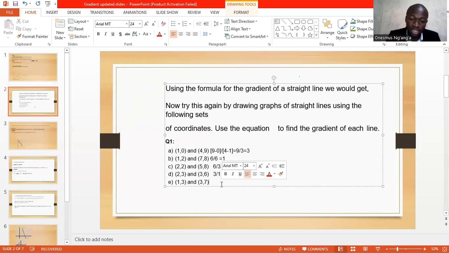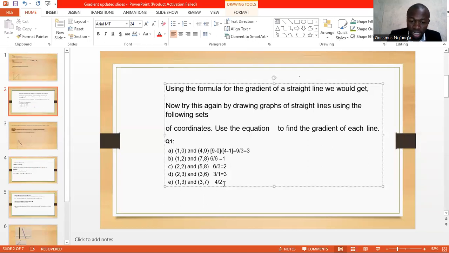The next one, another example. We are given the points 1, 3, and 3, 7. So we'll be having 7 minus 3. That is change in y, which is 7 minus 3, which is 4, divided by 3 minus 1, which is 2.